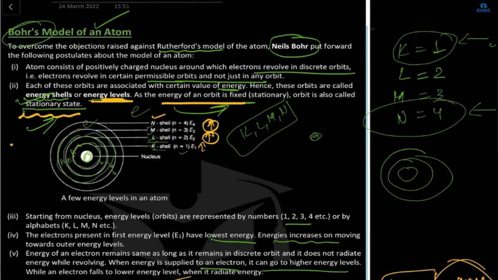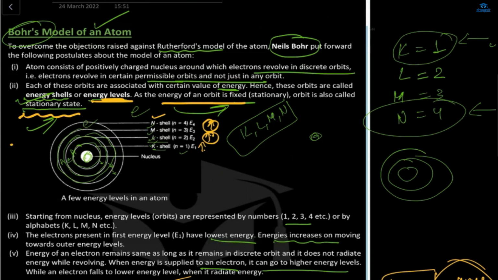The second point states that each of these orbits has a specific amount of energy, and these orbits are known as energy shells or energy levels. From the center of the nucleus, the orbits keep increasing, and they are represented by alphabets or numbers like 1, 2, 3, 4, 5 or K, L, M and so on.